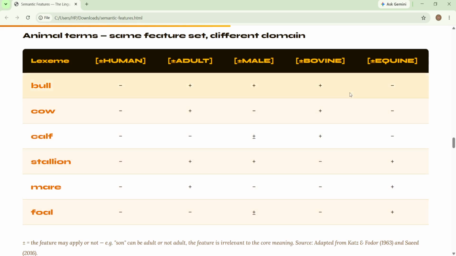Then bovine, well, these three belong to the family of cattle, so obviously positive for them. Well, these three belong to the family of horse, so they're positive in equine, and these three are negative in equine. These three are positive in bovine, while these three are negative in bovine as they belong to the family of horse.